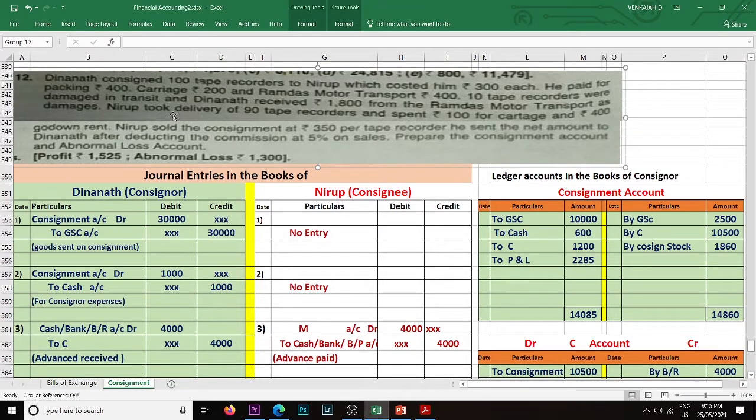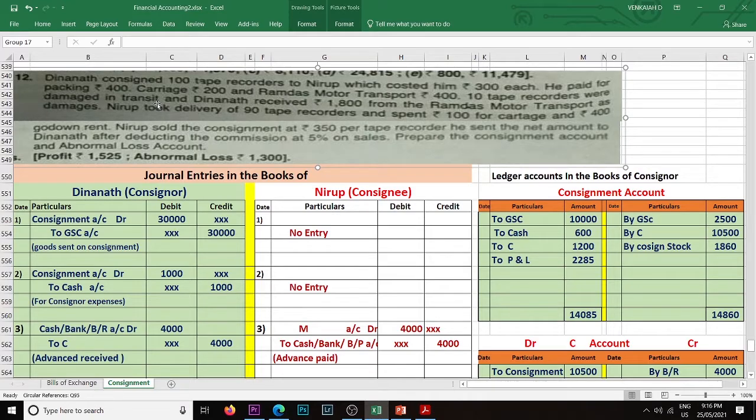10 tape recorders were damaged in transit. So this loss is an abnormal loss. This loss happened during transit, loss in transit. So we have to calculate the value of abnormal loss like unsold stock.